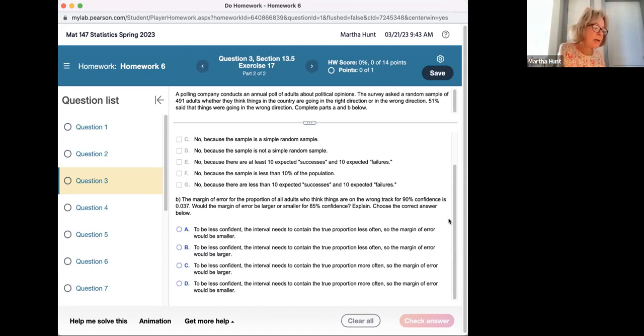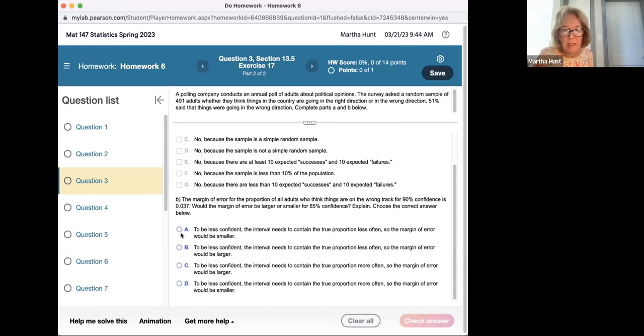What happens to a z-value when you reduce the confidence? We saw that every time you reduce the confidence, the z-value gets smaller. They haven't changed the sample size. There's no mention of changing the sample size. So we only want to look at A and D.